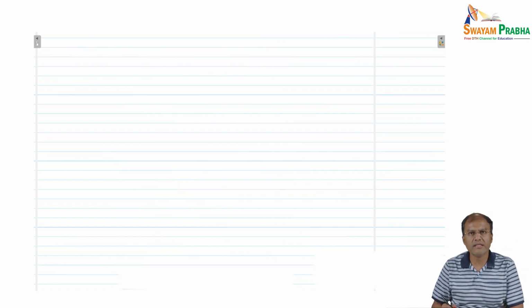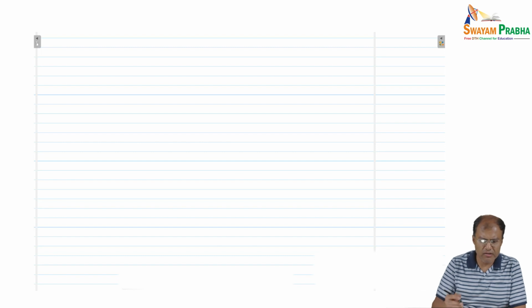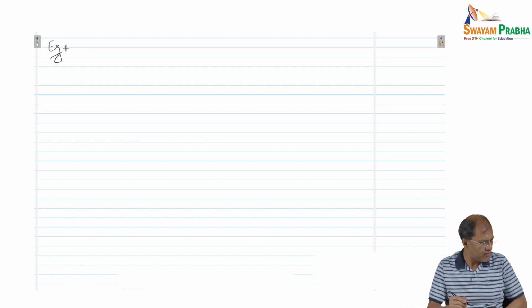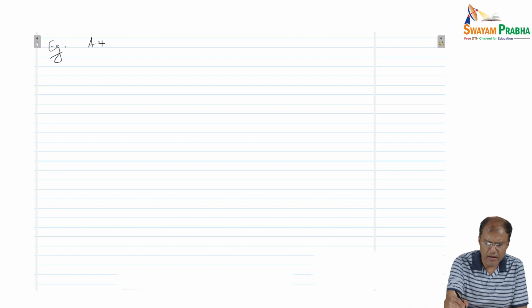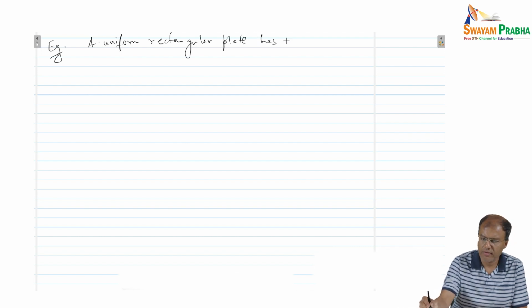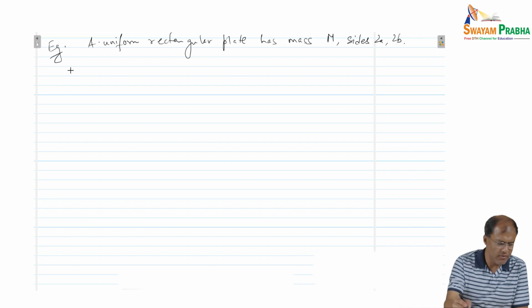Okay, so then let us see an application of this perpendicular axis theorem. The application that I have in mind is that of a uniform rectangular plate. So a uniform rectangular plate has mass m and sides 2a and 2b, right?